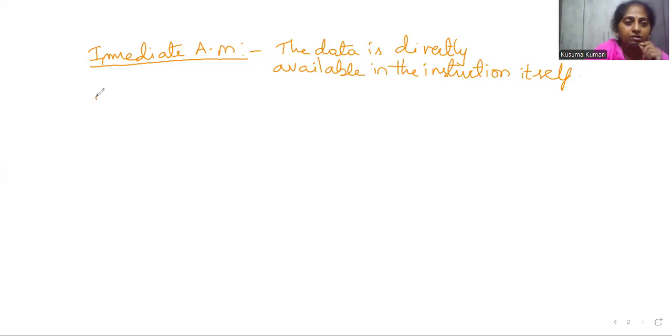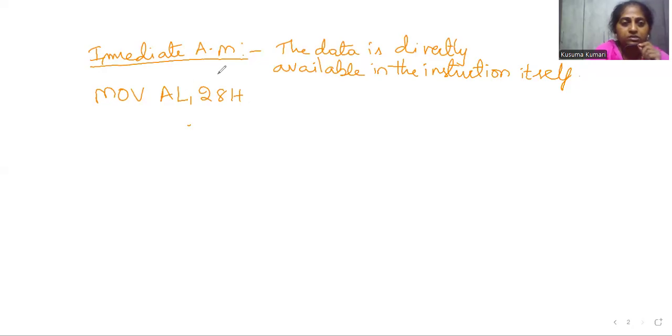Now, for example, one instruction: MOV AL, 28H. What does it mean? This is the instruction format. MOV is the type of operation. It is one kind of data transfer instruction.